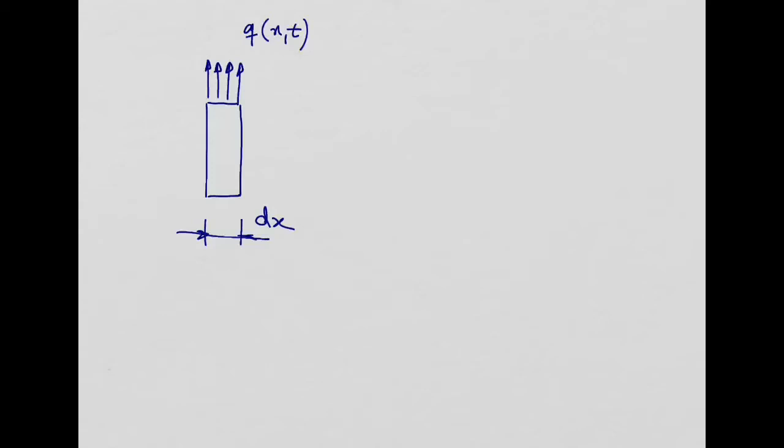This side of the beam will have a transverse shear force V. And it will have a bending moment M. But when you move to the wall on the right hand side here, which is separated from the wall on the left by a distance dx, the transverse shear force now is downwards and equal to the same V that you had here, but because there was a change in the loading during this dx distance, we need to say that this V will be equal to the V on the left hand side plus something else, and that something else we will write like this.